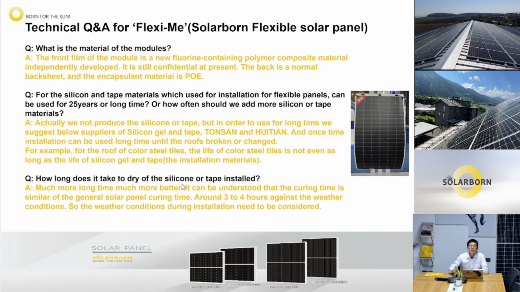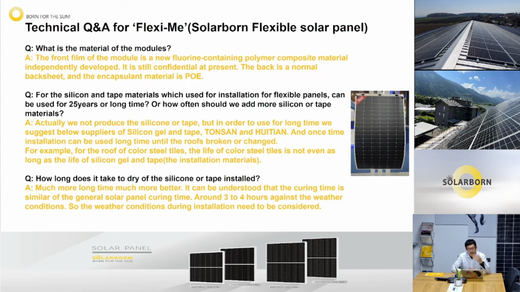And here is the technical Q&A for our Solarborn flexible solar panel. We named it the FlexMe. We collected some questions from customers about what they really want to know from us. First, the question is, what is the material of the modules?